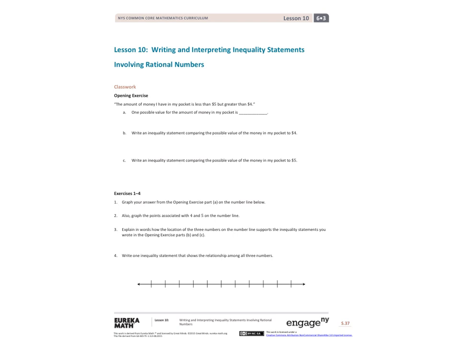So I'm going to click on my pen here. I'm going to actually do B. It says an inequality. So I've got $4, right? And whatever the number is, it's greater than $4, but it's less than $5.